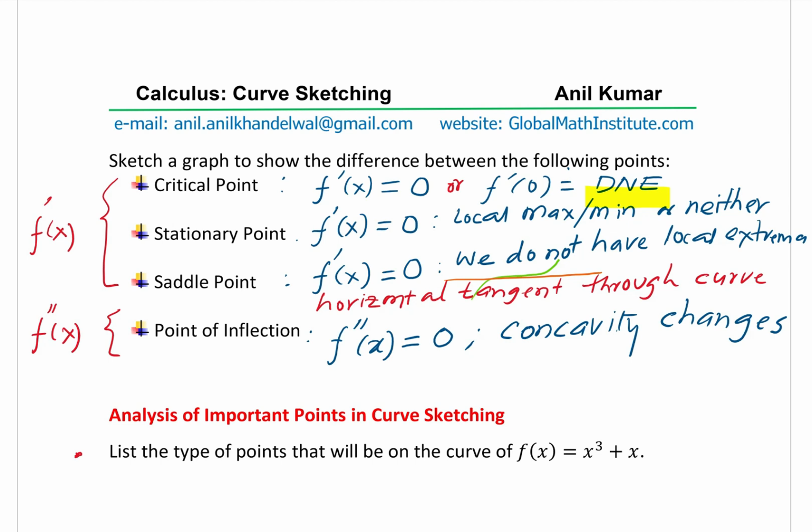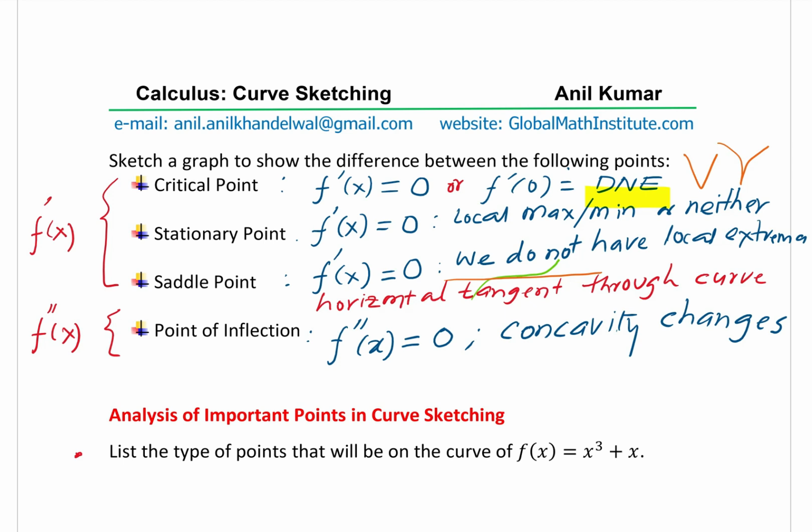Now that condition gives you graphs which could be of the form like this, or like this. Is that clear to you? So those points are the ones where the function derivative does not exist.